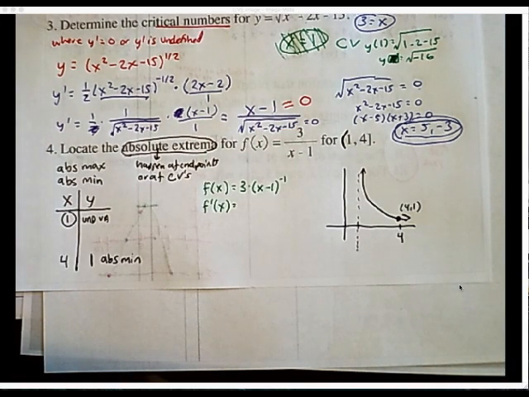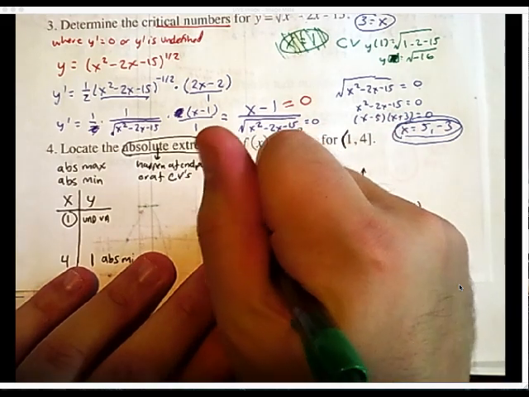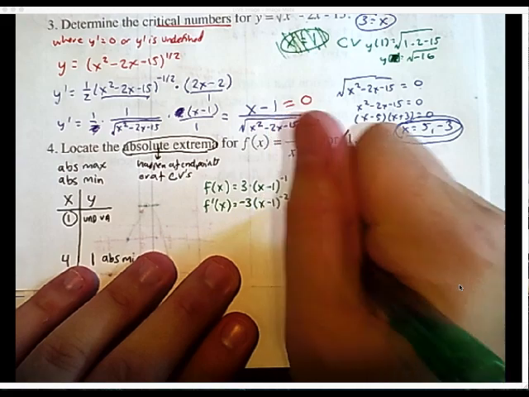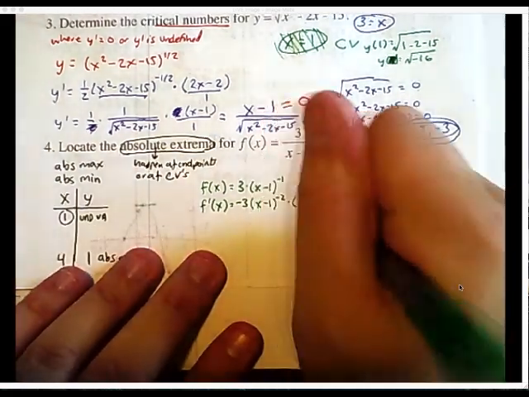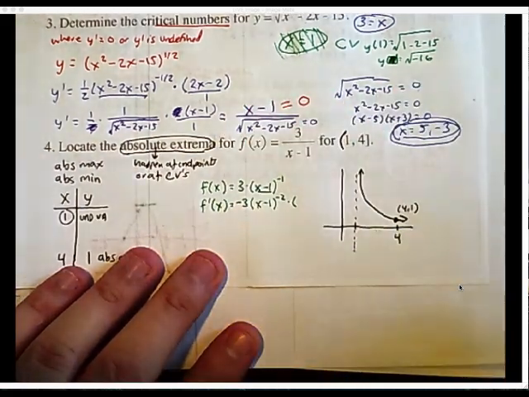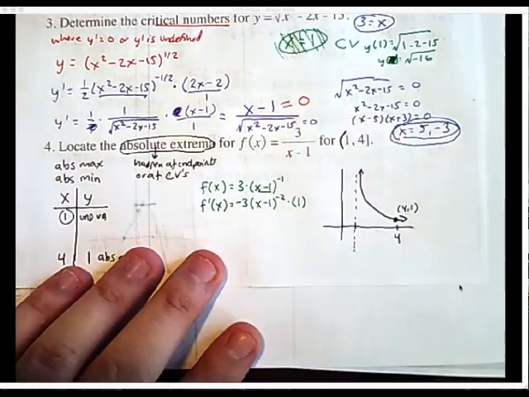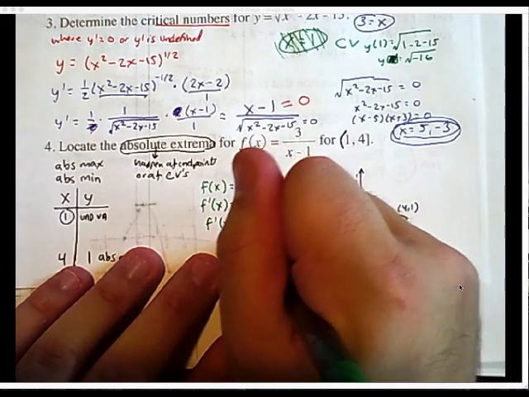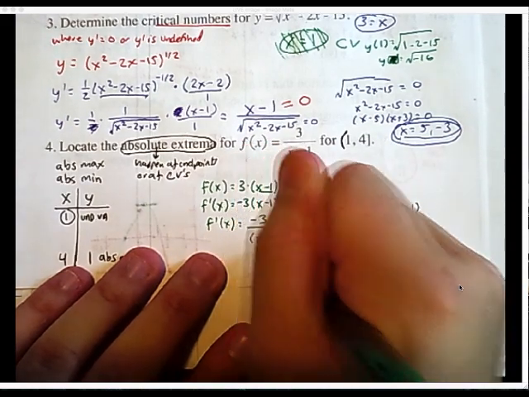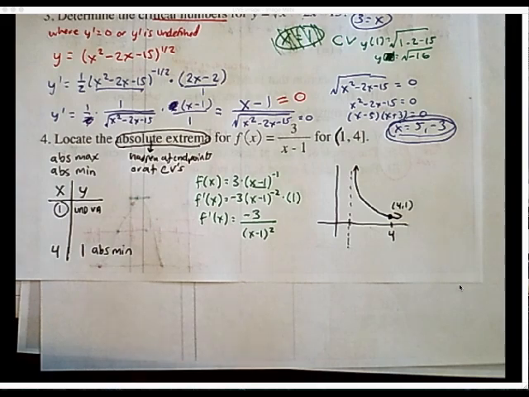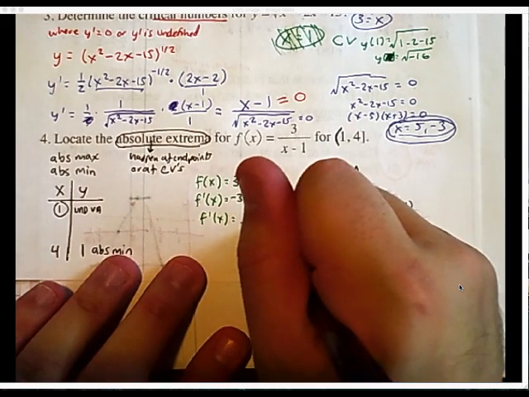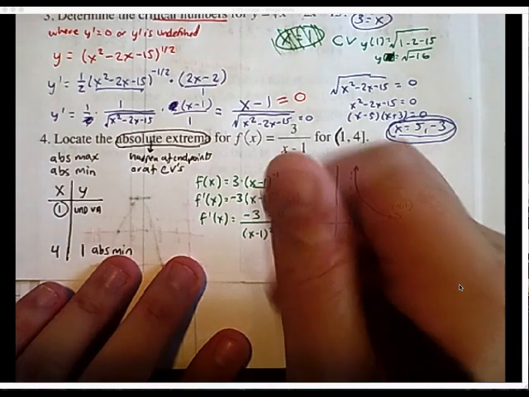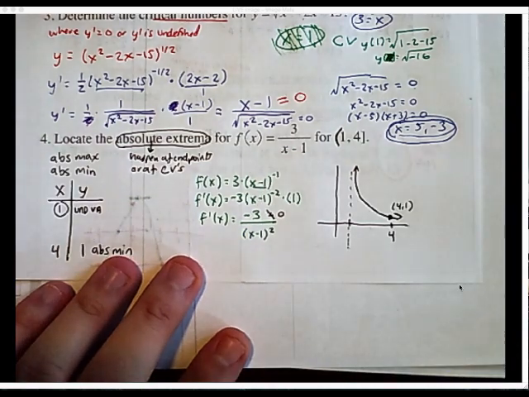So you do 3 times the negative 1, that's negative 3. We reduce that power by 1, and multiply times the derivative of the inside, which is just 1. So f prime of x equals negative 3 over x minus 1 squared. How do I figure out where there are critical values? Set the numerator equal to 0. Is that ever true? Nope, negative 3 never equals 0, so there are no critical values from there.